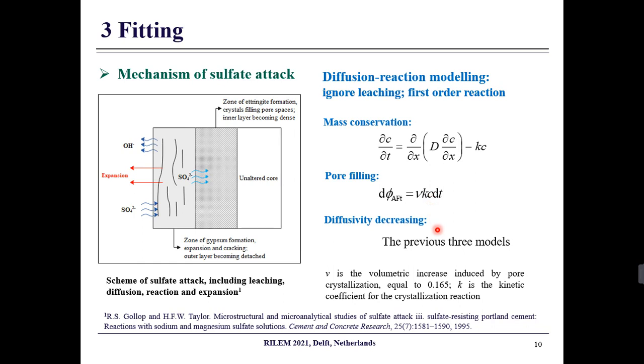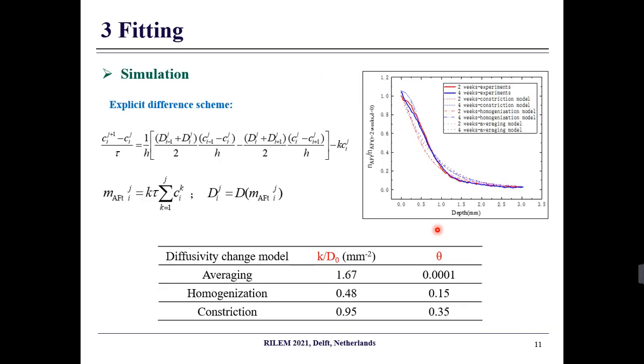In the end, the previous three proposed models are adopted to link the diffusivity and the crystal amount. To solve the partial differential equations, we employ an explicit difference scheme. Equations are rewritten in discrete form. Then we use MATLAB to compute.